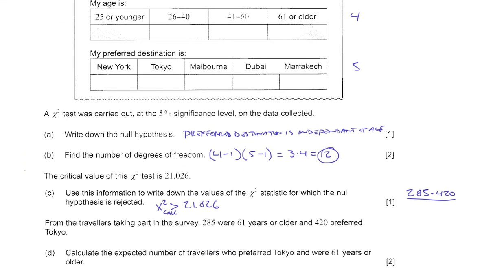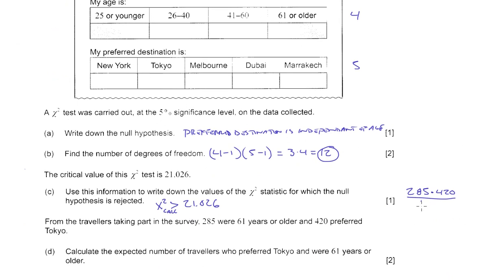That gives the expected number of travelers who prefer Tokyo and were 61 or older.